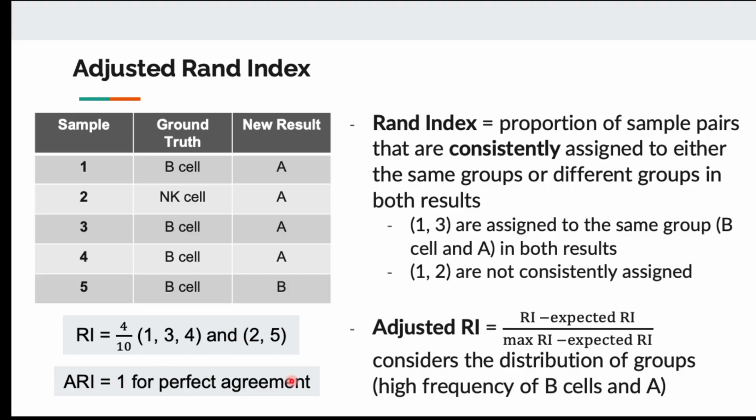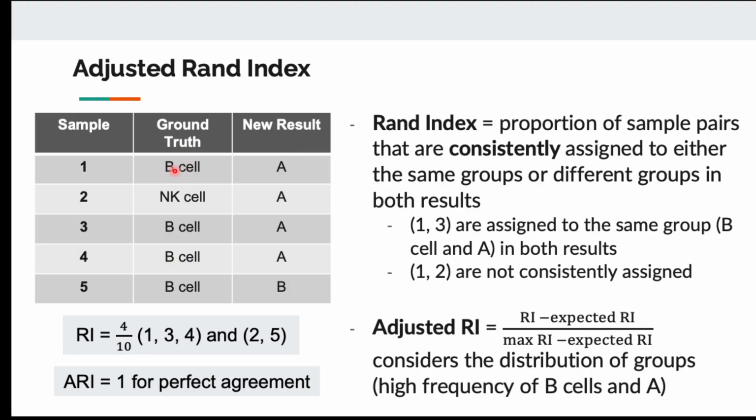Okay. So this is a metric that they use to understand if after vertical or diagonal integration, they still get the result that agrees with the known cell type.